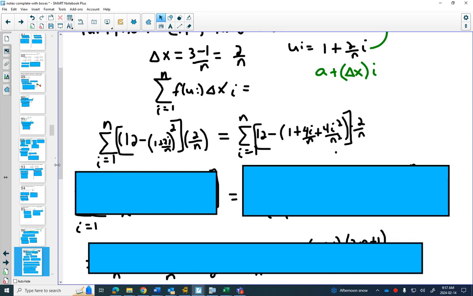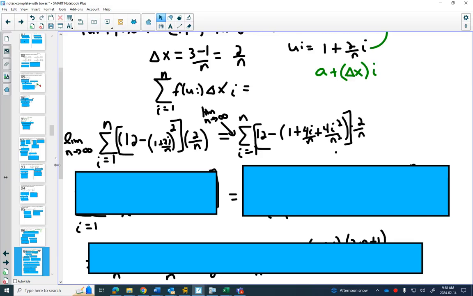Now the question says write it as a limit. I probably should be already adding that in. Now we need to figure out the limit as n goes to infinity of this.